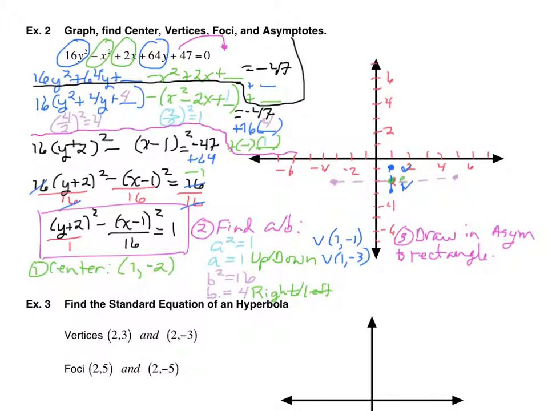So you're going to plot those corners first. So at 5, negative 1, at negative 3, negative 1, at 5, negative 3, and at negative 3, negative 3. And then that becomes a dashed line. Maybe I'll make that a little purple line.